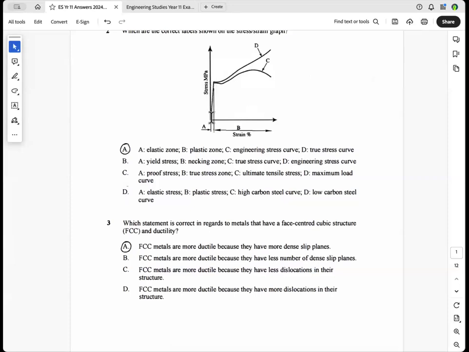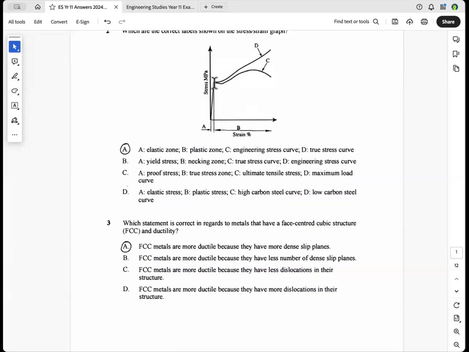So that's the elastic limit. Now, it doesn't go back totally because of the energy due to friction of the atoms. But anyway, we're just saying that's the elastic part.